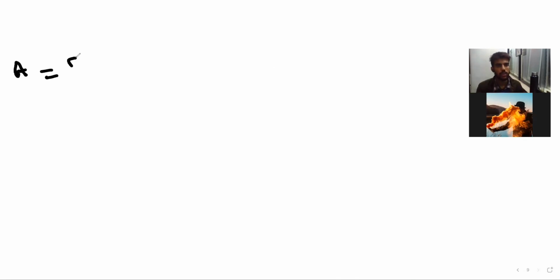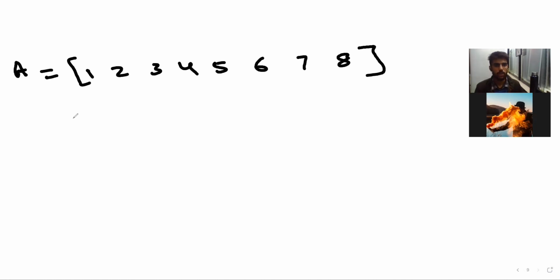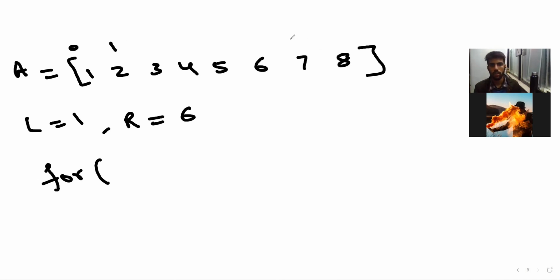The array given to us is 1, 2, 3, 4, 5, 6, 7, and 8. This is the array given to us, and let's take the example: L given to us is, in this case, 1, and R is 6. So L and R are indexes. L would be the first index, so that would be the element 2, and R is the sixth index.